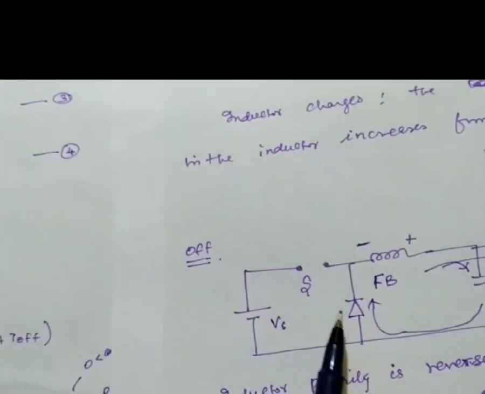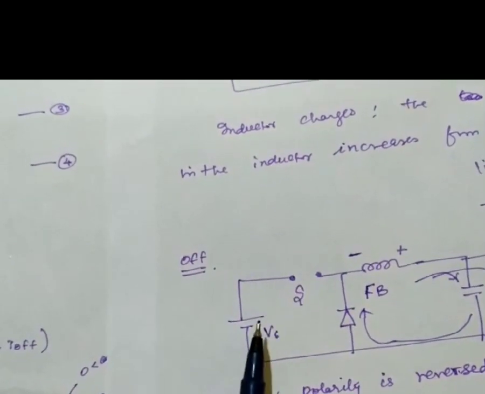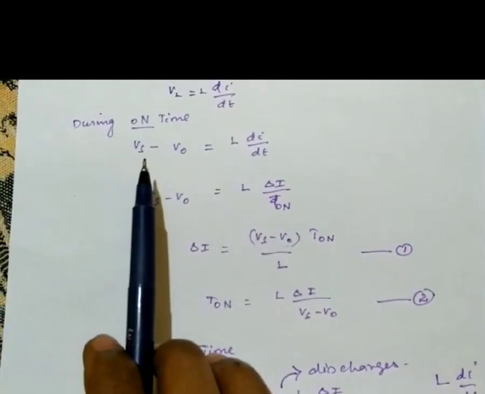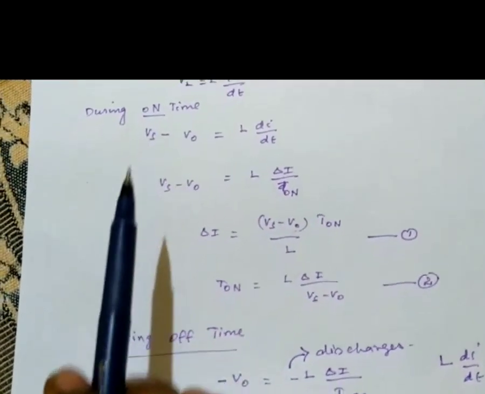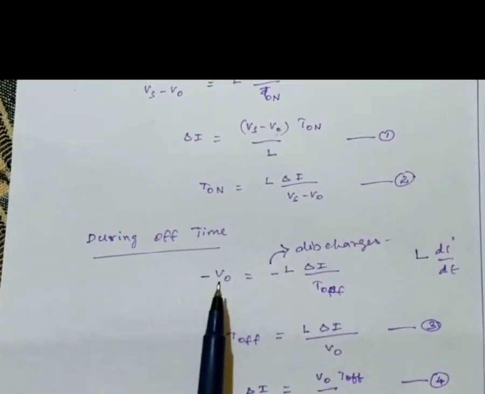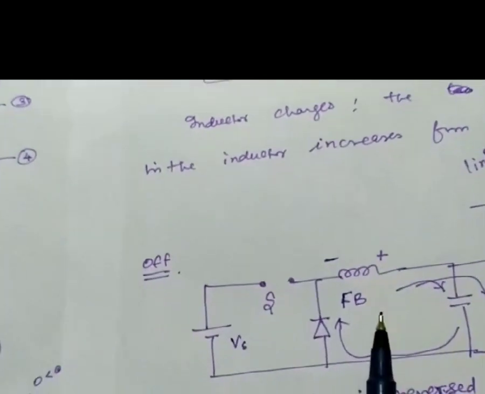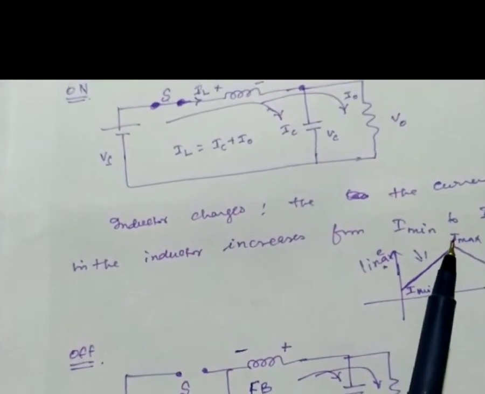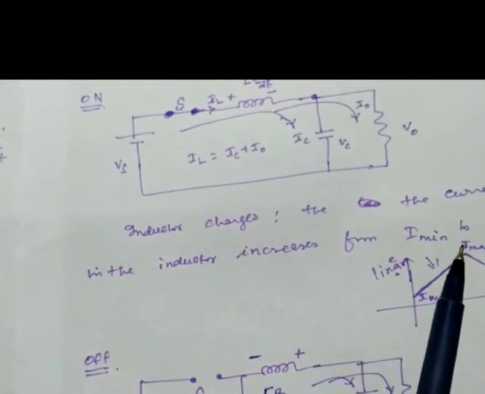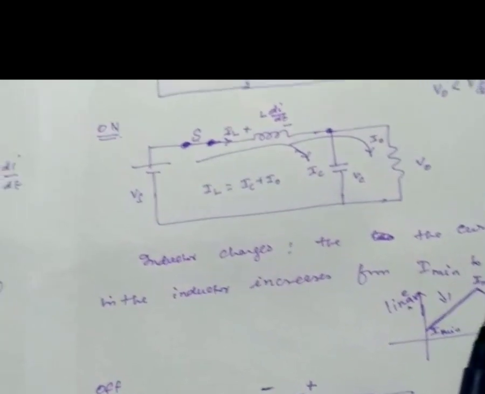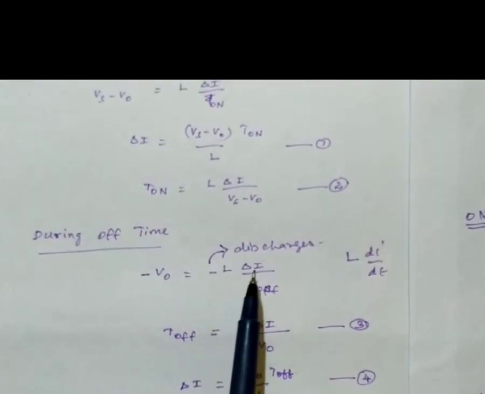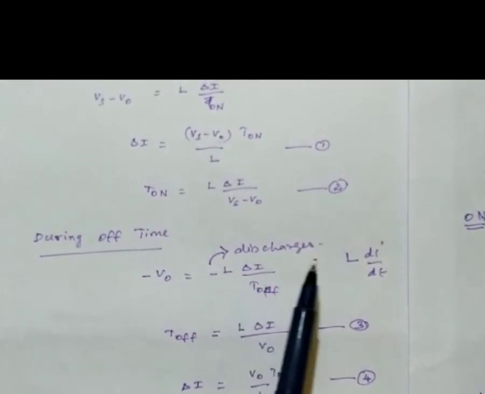Now during off time, the switch is open and there is no supply voltage Vs, so in this equation we only have minus V0. During off time the inductor is getting discharged, and the current decreases from maximum to minimum, so we put a minus sign.